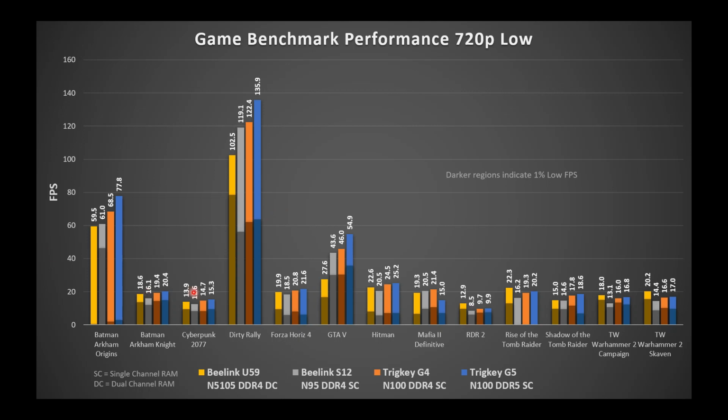Speaking of which, you can see here that the Celeron N5105 tended to fare comparably with all the other CPUs here in general, except for GTA 5 where it faltered significantly, but otherwise the rest of these really were below any kind of playable frame rate anyway. But you can see performance wise it actually fared comparably.